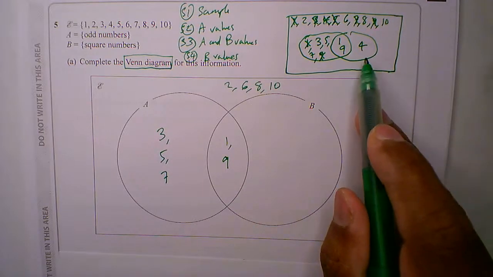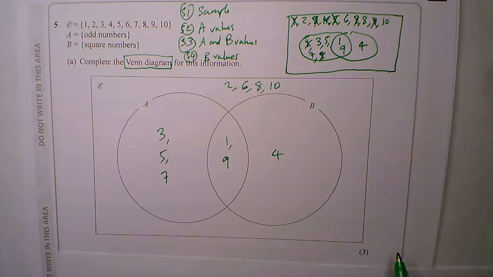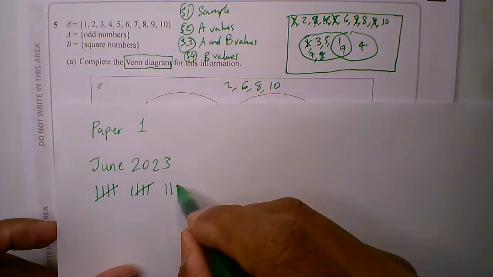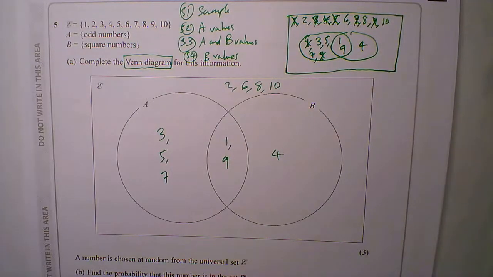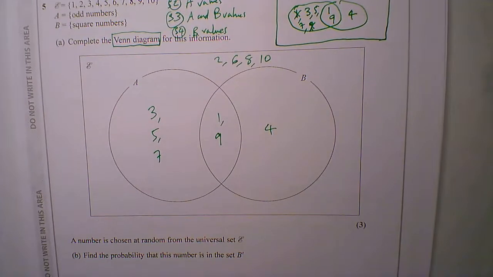And my part set for B is just 4. So that is my final answer for that. Okay, so now I've done 3 more marks. Add that to my tally. 1, 2, 3 more marks. Now try part B. I'm going to give you a few seconds to do that.